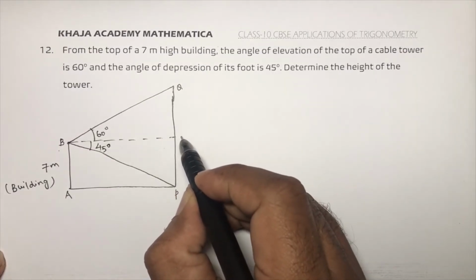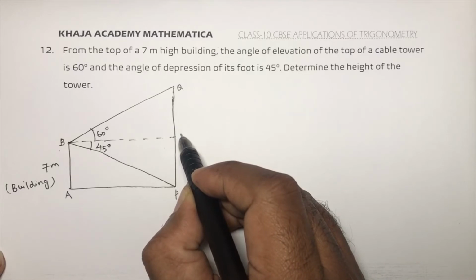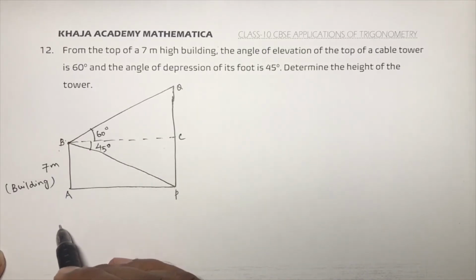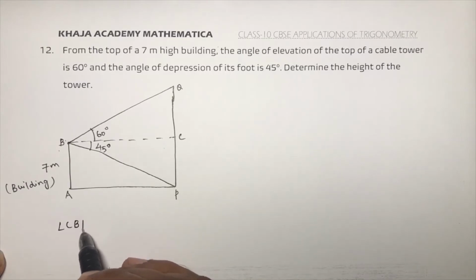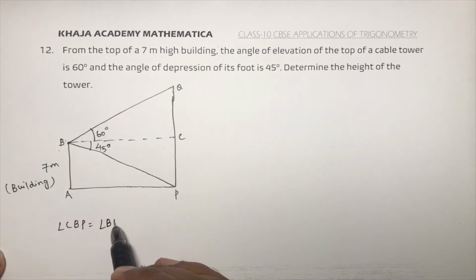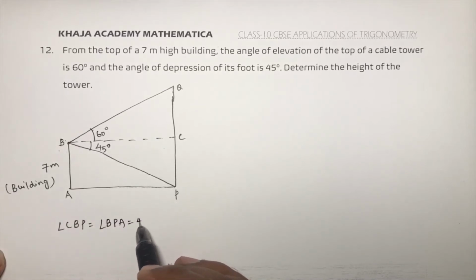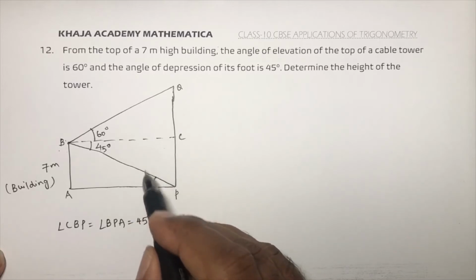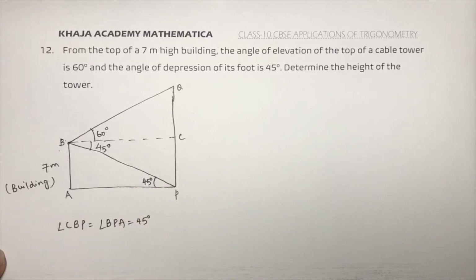So here you can write C. Now angle CBP equals angle BPA equals 45 degrees because alternate angles. These two are horizontal surfaces, alternate angles.